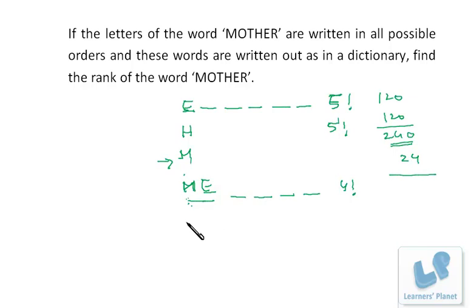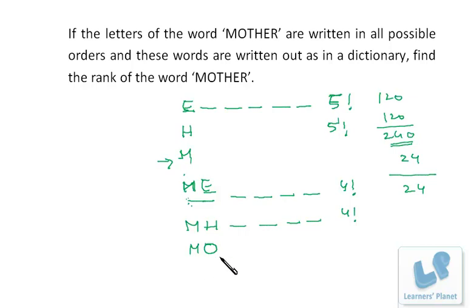Now after ME, the next turn is of MH. So just take out all the words from MH, further 4 factorial, so it's 24. Now the next turn is of MO.